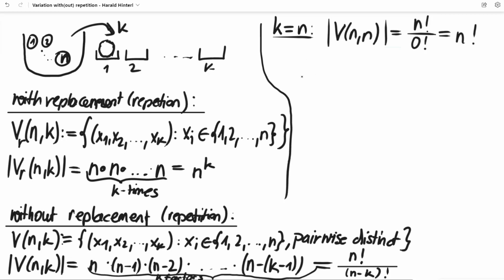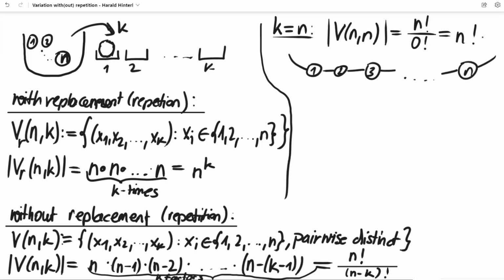So what are standard examples for this? For example, we can consider a pearl necklace. With different pearls, like this is pearl number 1, 2, 3, until the last one, which is n. And this describes the number of possibilities how to arrange the n pearls.